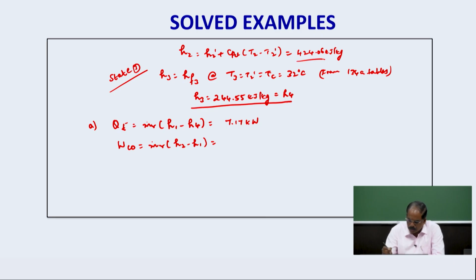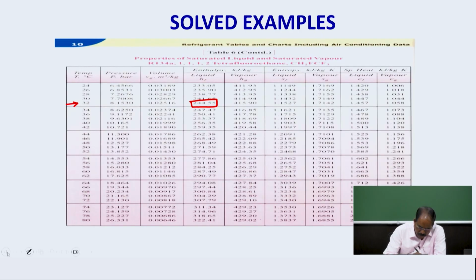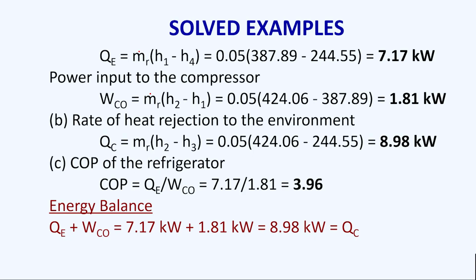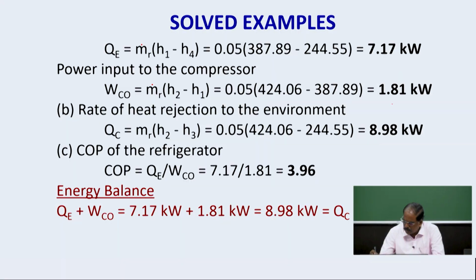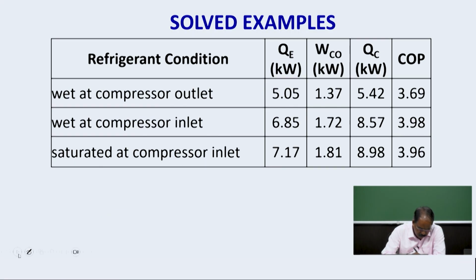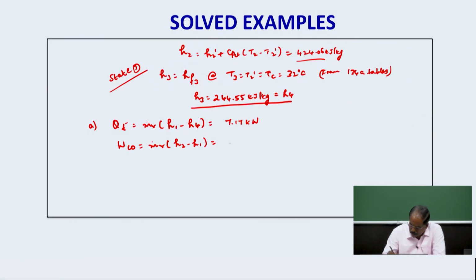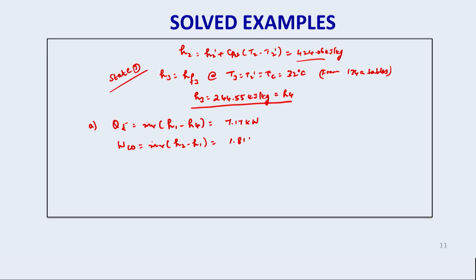This is H2, and H1 is already found. So the work of compression comes to around 1.81 kilowatt.